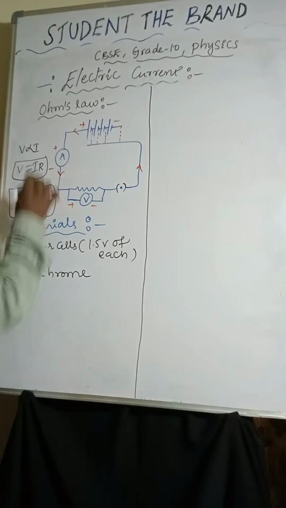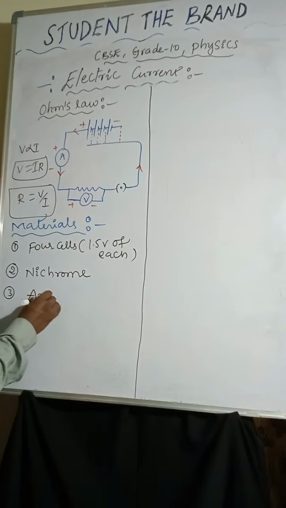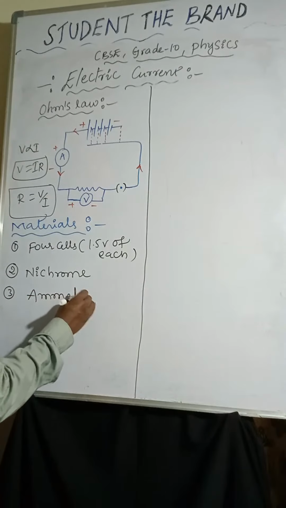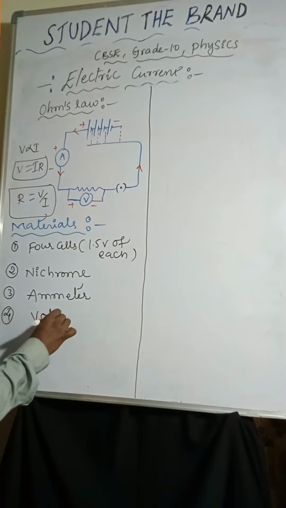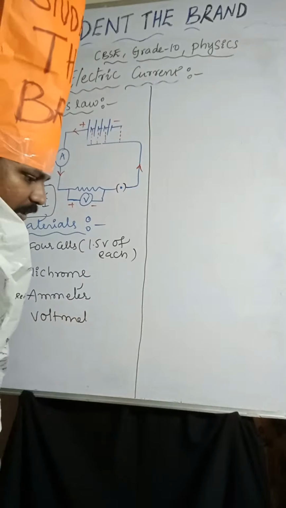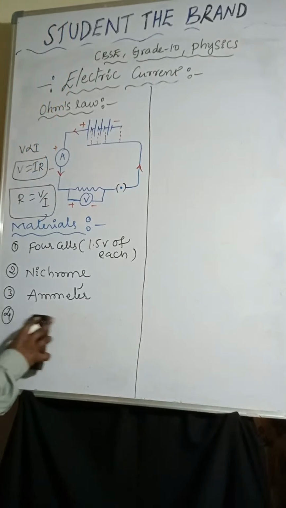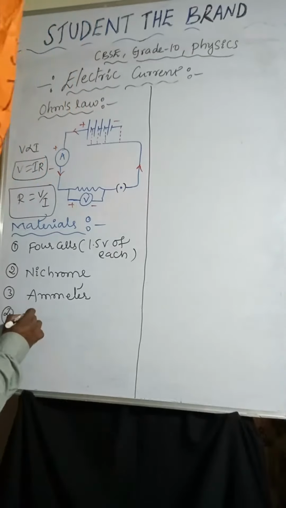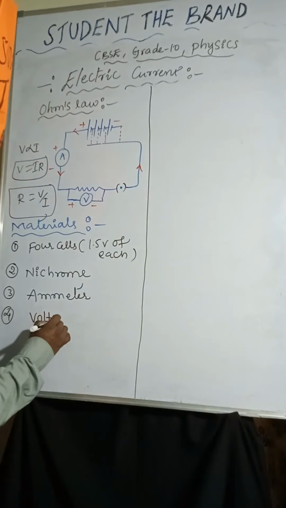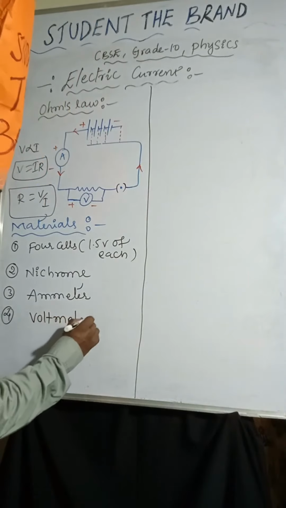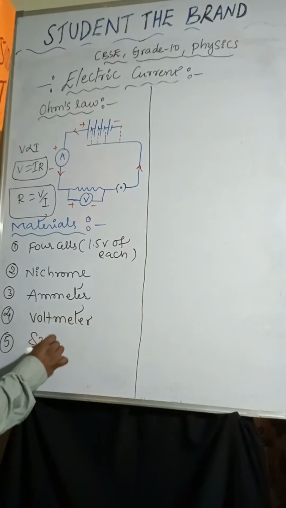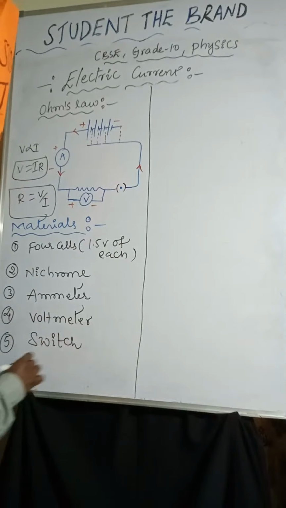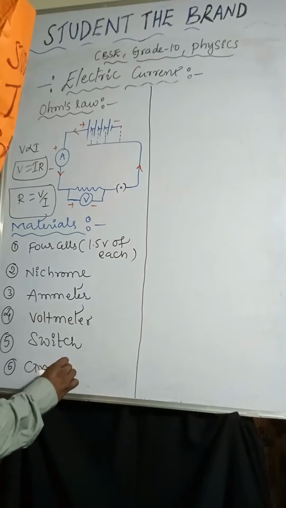Third is the ammeter, and the fourth is the voltmeter. The fifth is a switch, and the sixth is connecting wires.